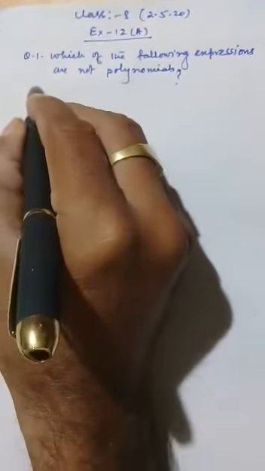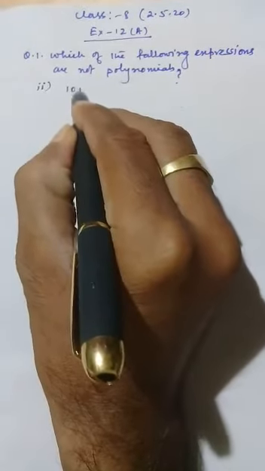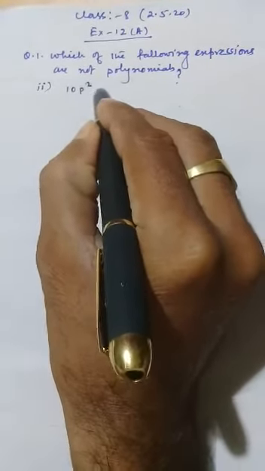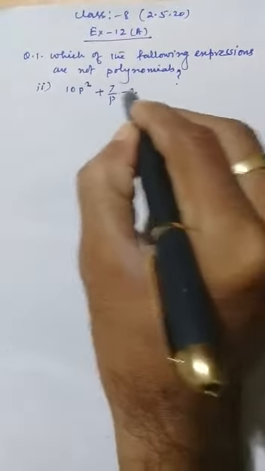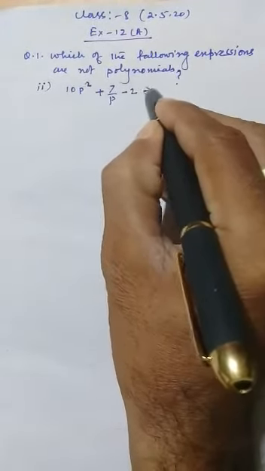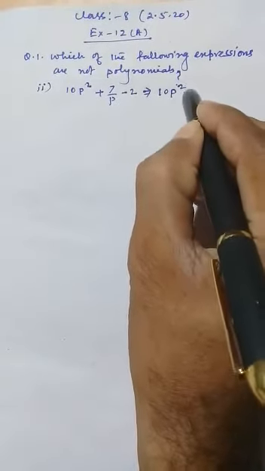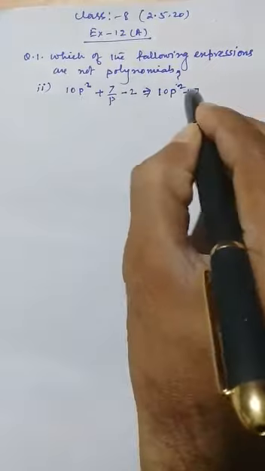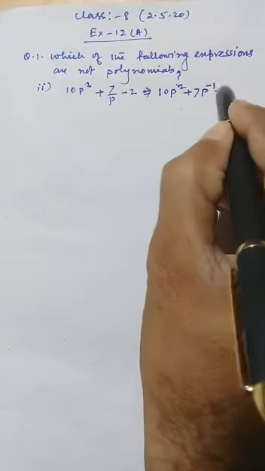So second part, it is 10p square plus 7 by p minus 2. This expression can be written as 10p square plus 7 times 1 by p, which is p to the power minus 1, minus 2.